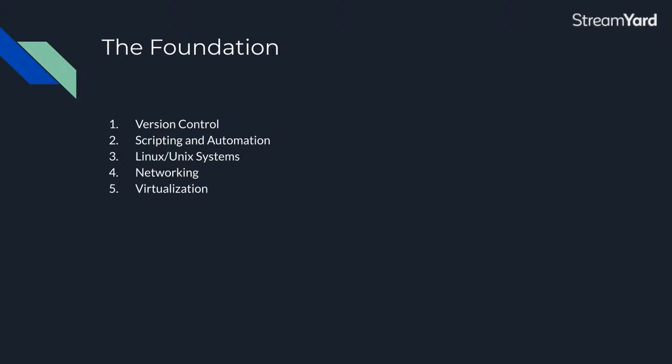Another thing you need to learn is Linux or Unix systems. Why? Because I can tell you that 90% of servers are Unix based. You need to learn that because just rare people use Windows, right?